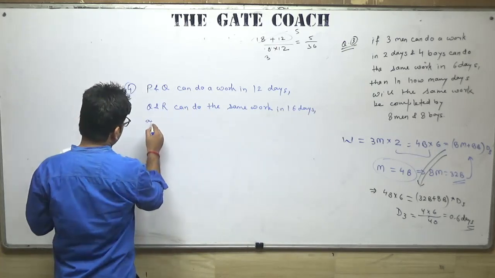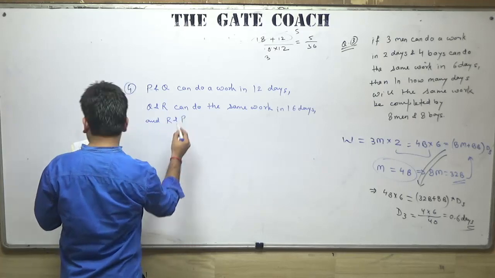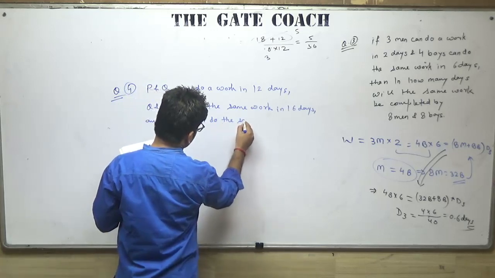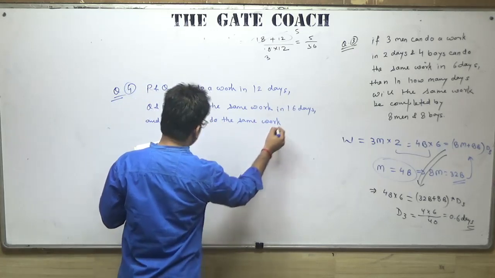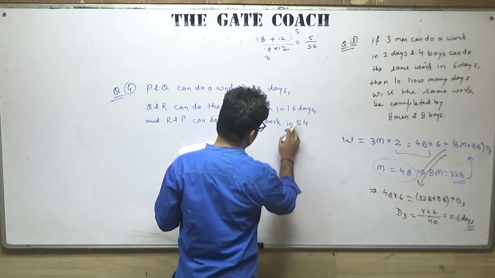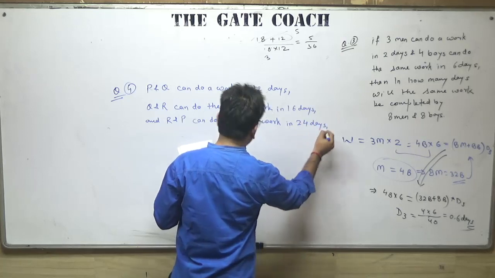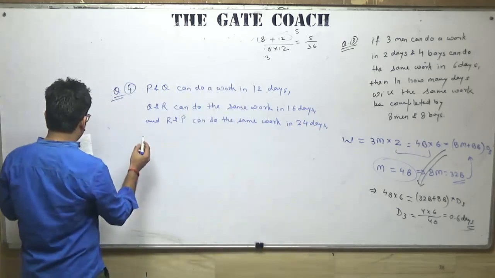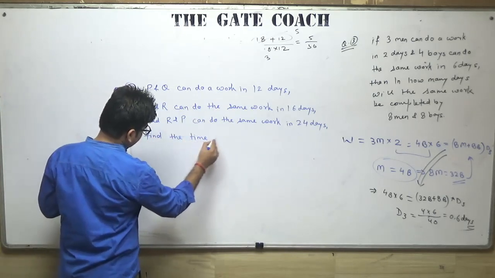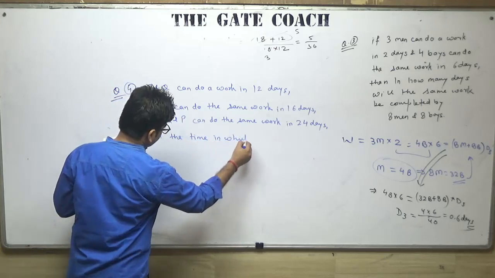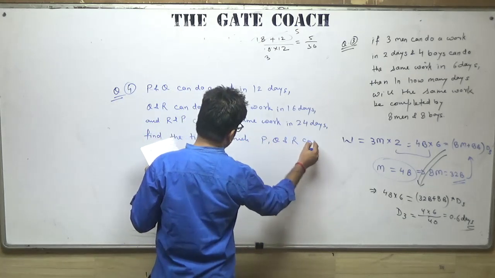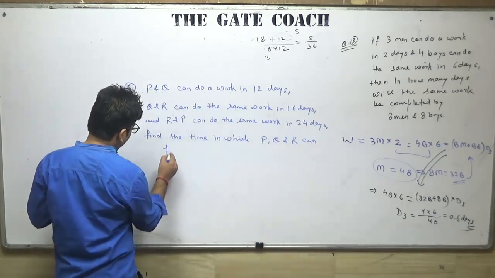And R and P can do the same work in 24 days. Find the time in which P, Q and R can finish the work together.